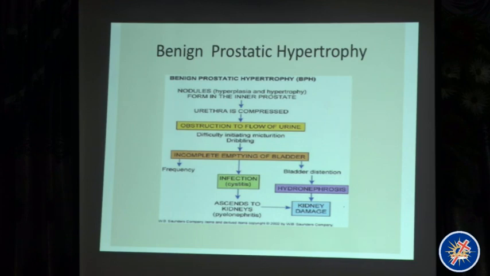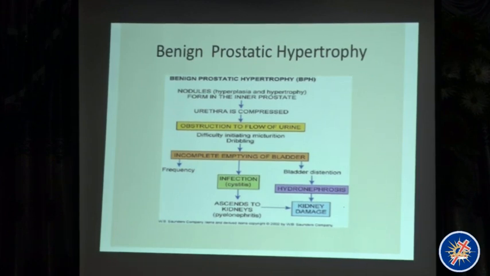But as people become older, initially the stream could reach there, then they start coming here, then down here, like that. And eventually, this dribbling is urine coming in drops, not even in a stream. It is just coming in drops. And that is what's called dribbling.